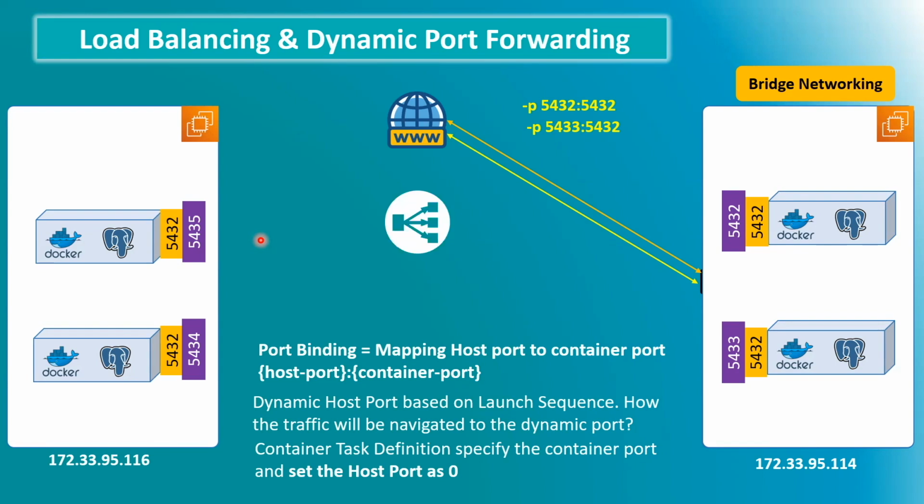AWS Application Load Balancer has the capability of dynamic port forwarding. Once the request comes to the Application Load Balancer, the ALB will forward the traffic to dynamic ports. But if you hardcode the mapping, then ALB won't be able to distribute the traffic to those ports.